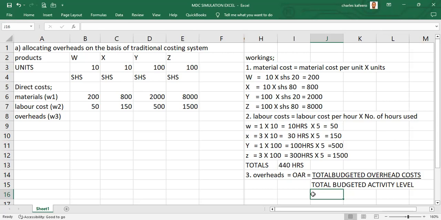The total budgeted activity level we are using is for the direct labor hours. We are not using the direct labor hours per unit. We are using for the whole direct labor hour, the hours that were spent for all the products within it for each product. So the total is this 440 that we computed.